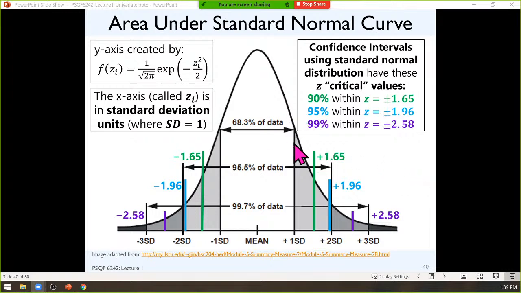Well, within the standard normal distribution, we know that within one standard deviation on either side of the mean, about 64% of the observations are expected to fall. Within 2 standard deviations on either side of the mean is about 95% of the data, and within 3 standard deviations is 99% of the data-ish.